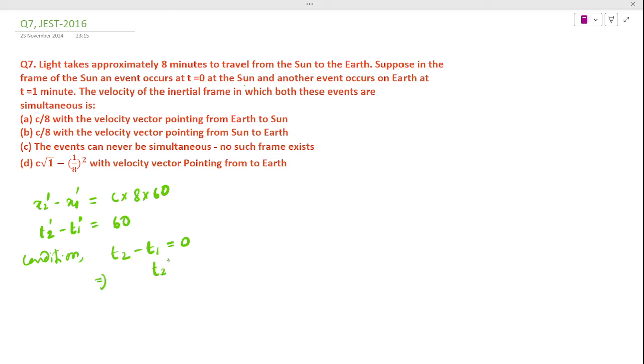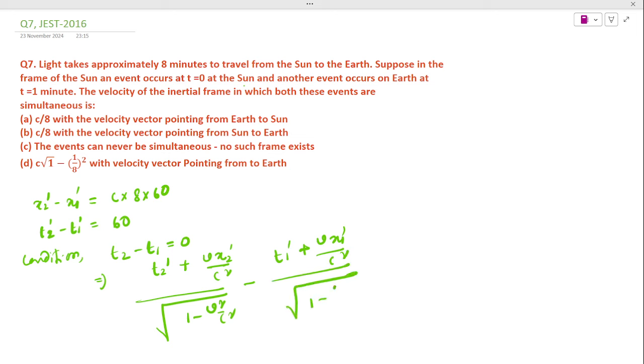Basically t2 dashed: here we apply the relativistic velocity, and here we apply the time invariance after the Lorentz transformation in the S to S dashed frame. It would become (t2 dashed plus v x2 dashed by c square) by root over 1 minus v square by c square, minus (t1 dashed plus v x1 dashed by c square) by root over 1 minus v square by c square, is equal to 0.